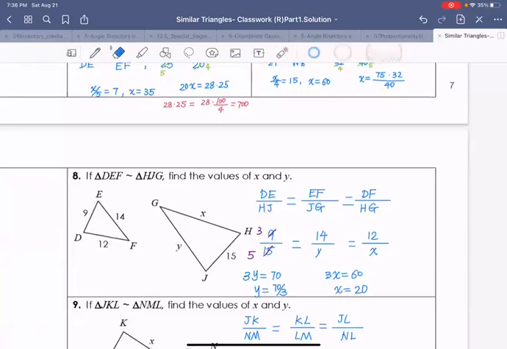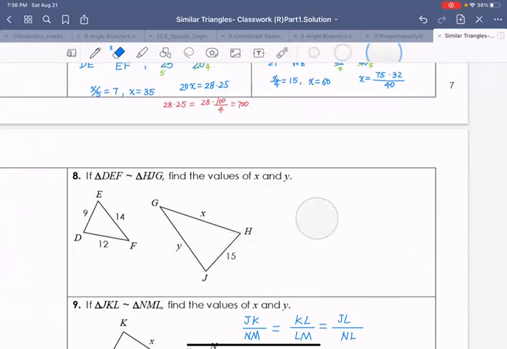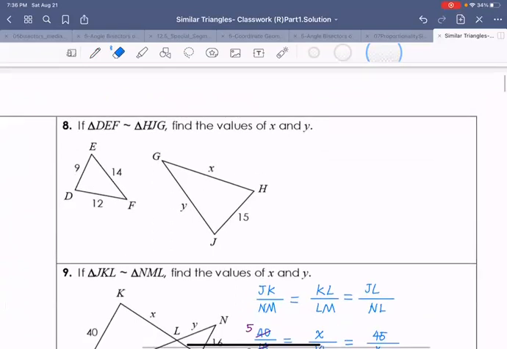Next. Felix, let's go ahead. Write down the equation for number 8, please. Write down those letters first.